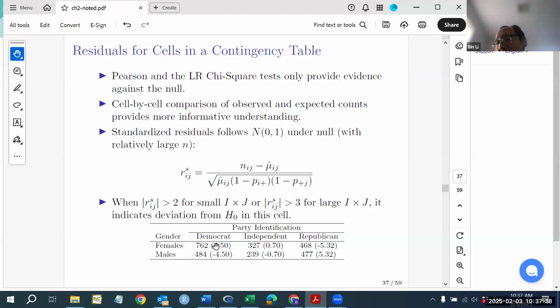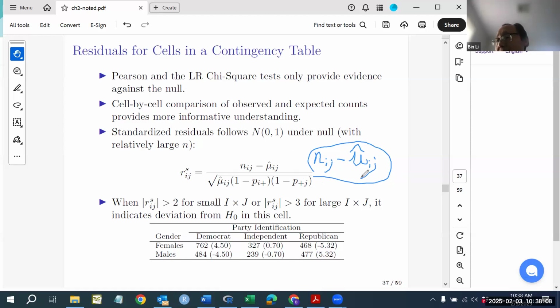Why do we need the standardized residuals, not just the raw residuals? The raw residual is defined by what we observed, N_ij, minus what we expected if they are independent. Why not use this? Because we don't know its distribution.